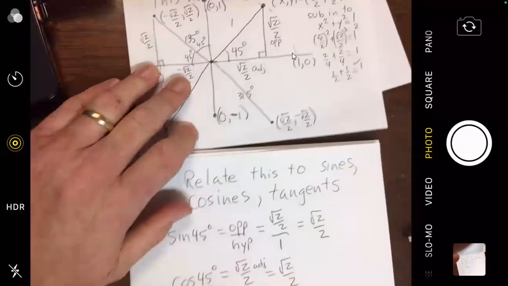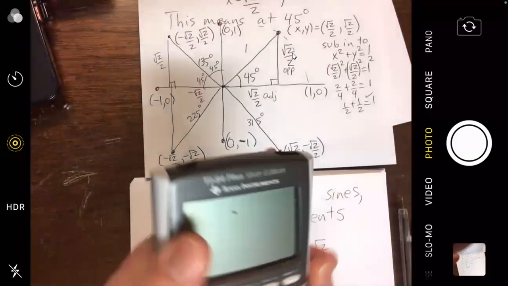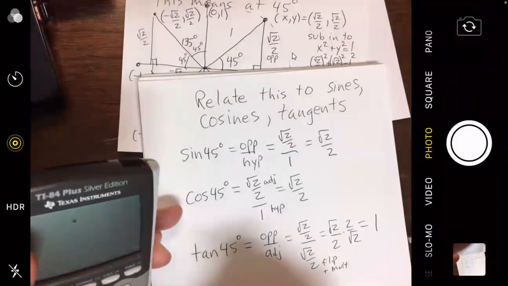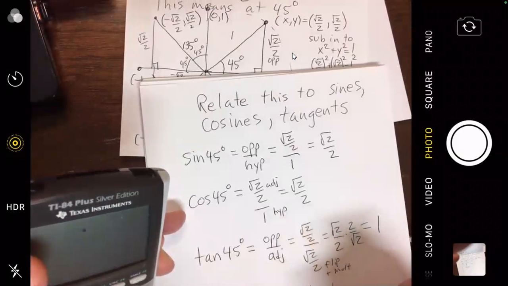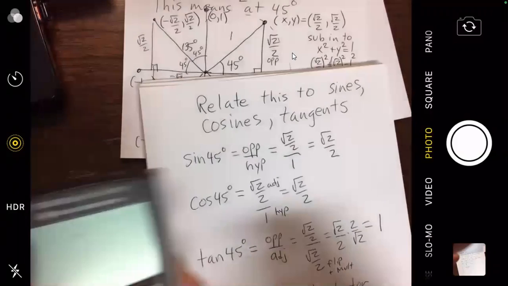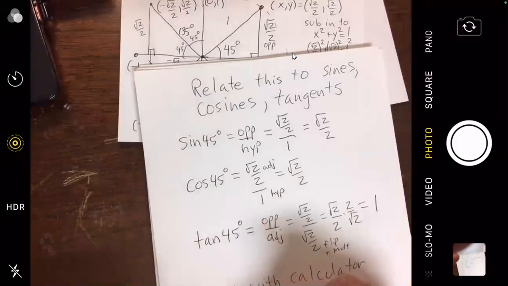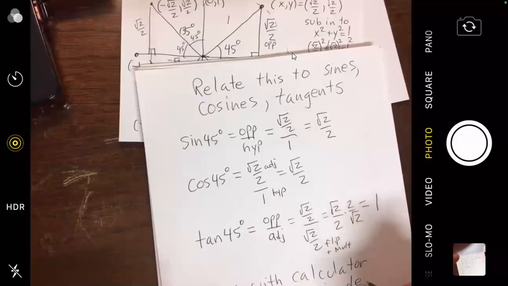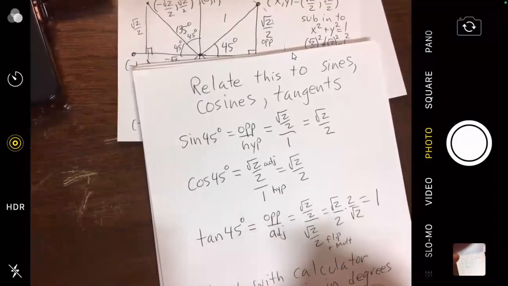Now, to give you some confidence in this, and we're going to be using the calculator a lot, you can check this with the calculator. First, look at your angle. If your angle is in degrees, use degree mode.